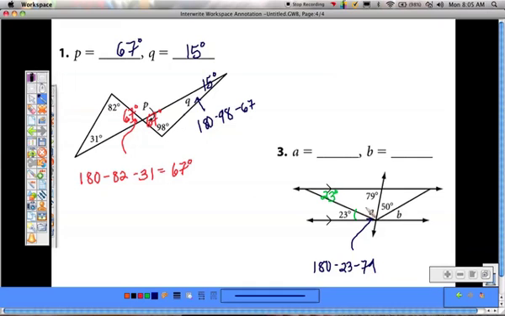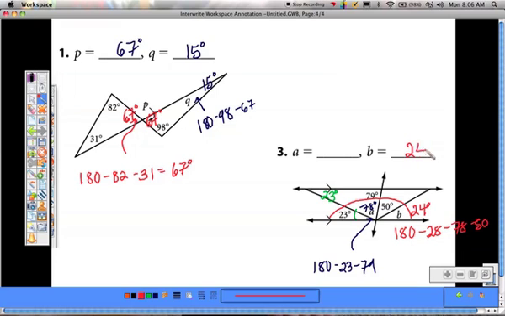So we're going to get 78 degrees. And then to get angle B, notice it makes a straight line with these angles. So we're going to take 180 minus 28 minus 78 minus 50. And we'll get 24 degrees.